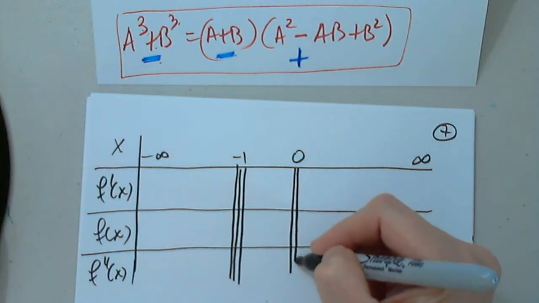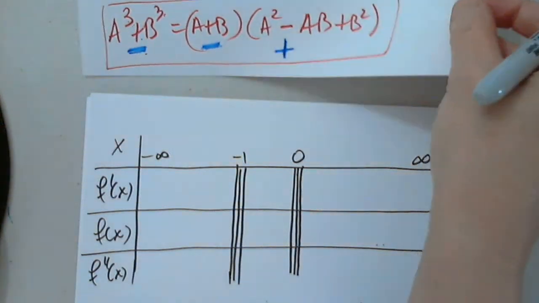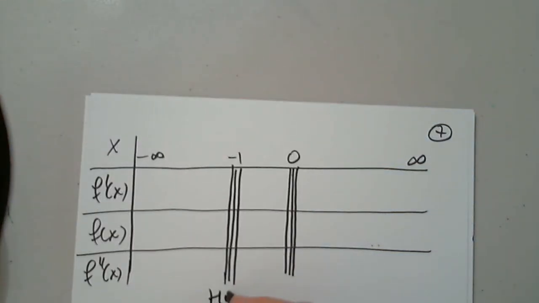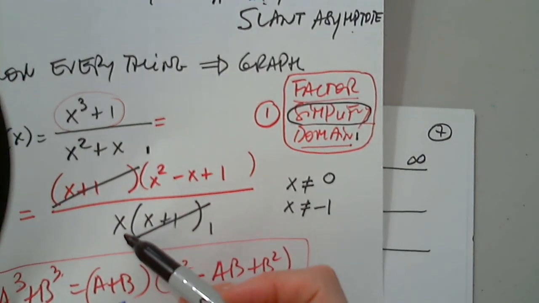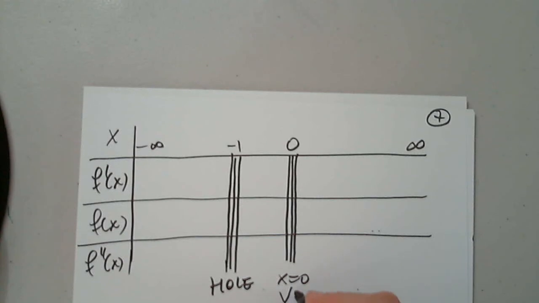I don't have anything to write here. That's why I'm doing this. This factor completely disappeared, a hole. This factor did not disappear. X equals 0, vertical asymptote.